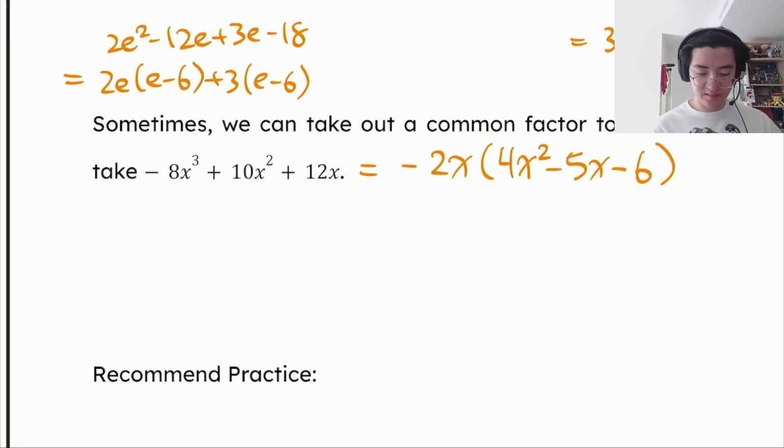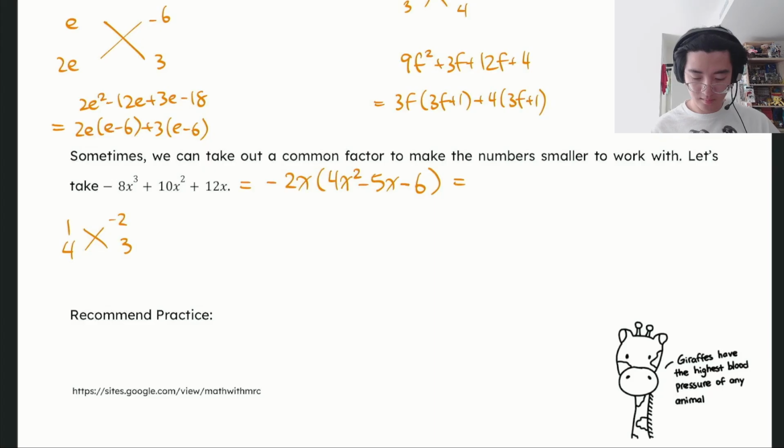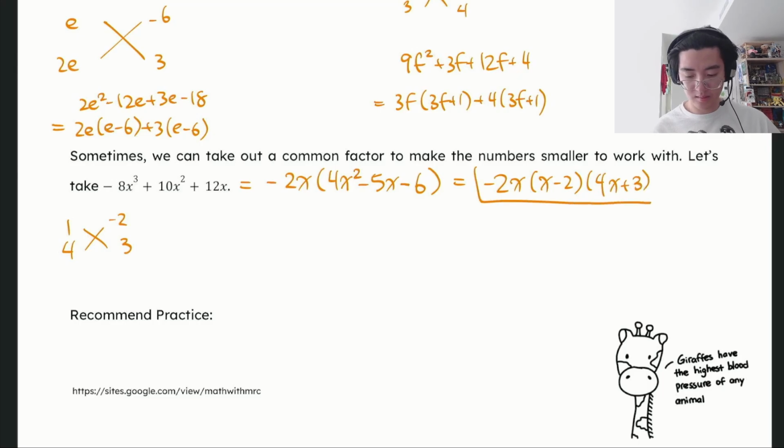Okay, from there. 1 and 4. Let's check 2 and 3. How about negative 2? Oh, that's fine. Let's try 4 times negative 2, and then 1 plus 3. 4x plus 3, good. Okay, there we go.